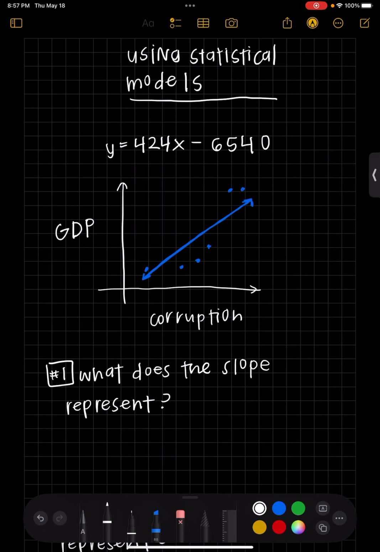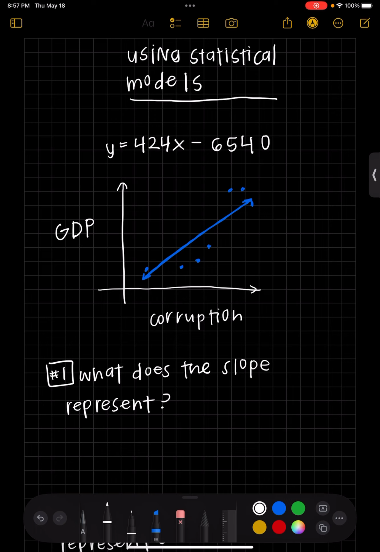But now we want to figure out what it means within the word problem. And this is a little bit hard, but as you can see, as the corruption score goes up, or as the X values go up, so do the Y values, or the GDP. And so if I were going to write this in terms of X and Y, I could say the increase of X values also increases the Y values, but now I'm going to put it into words from the word problem.